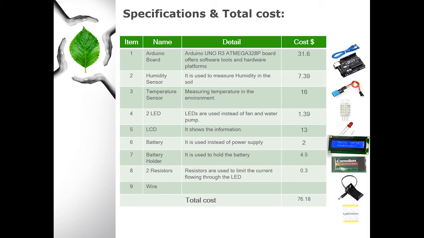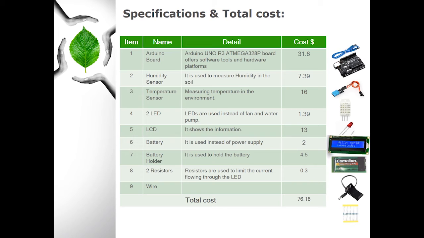Regarding the specification and cost, the Arduino IC is the heart of our system, and we use its programmer to transfer the C language code into it. We use the humidity and temperature sensor to measure the humidity and temperature.